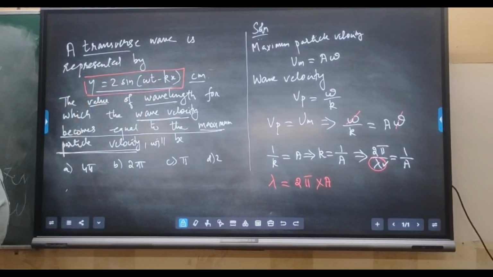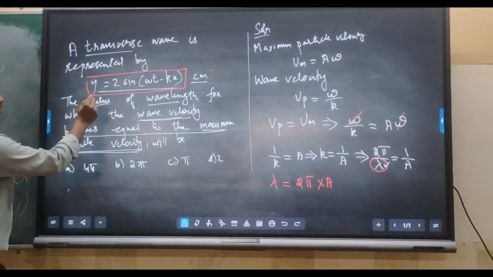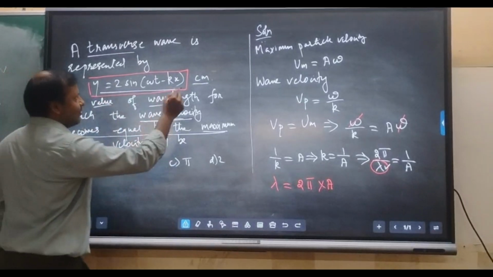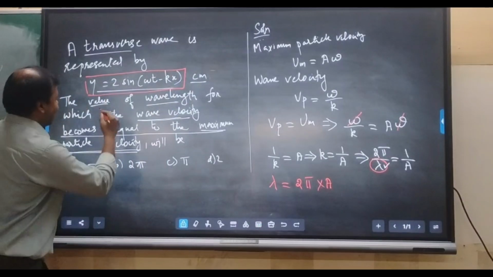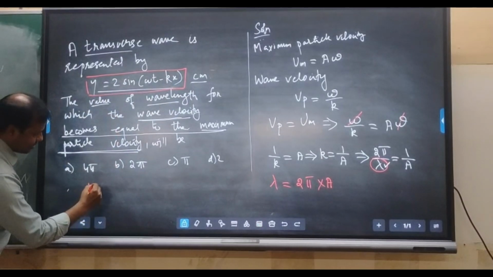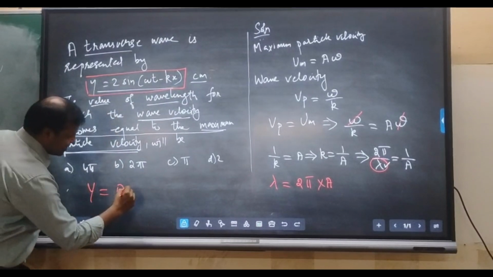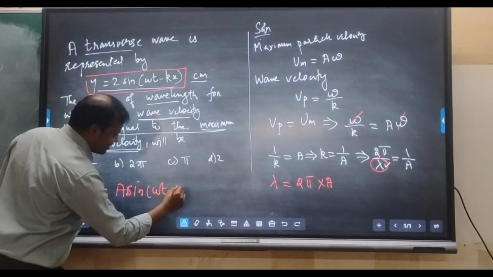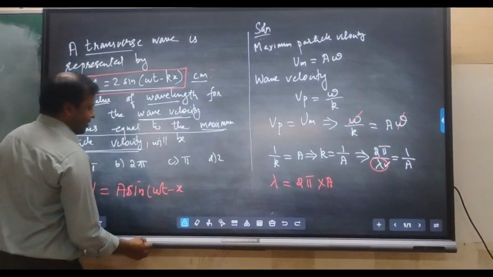Now we come to the wave expression. The general wave expression is y equals A sine (omega t minus kx).